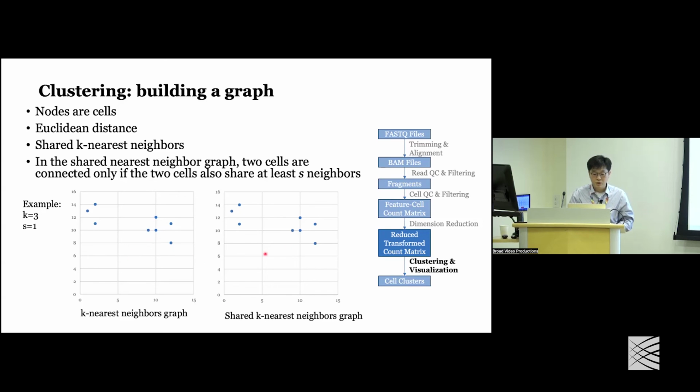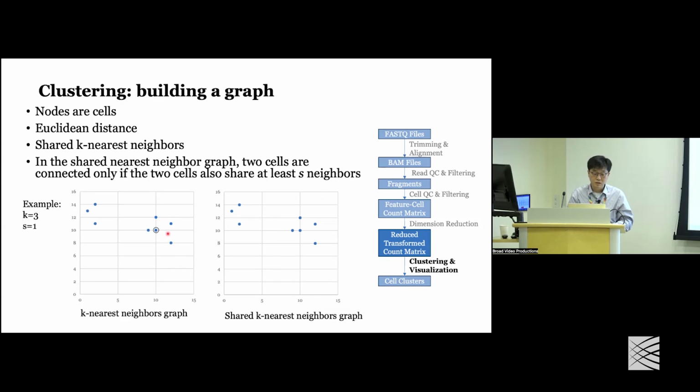So here, again, is another toy example. On the left, I'm going to build a k nearest neighbor graph, and then the shared k nearest neighbor graph will be built on the right side with k equal to 3. For shared nearest neighbor, as soon as we have one shared neighbor, I'm going to call it a shared nearest neighbor.